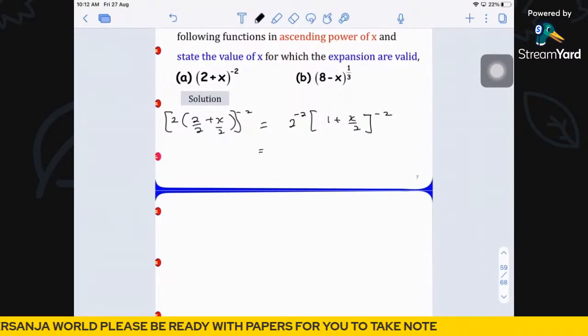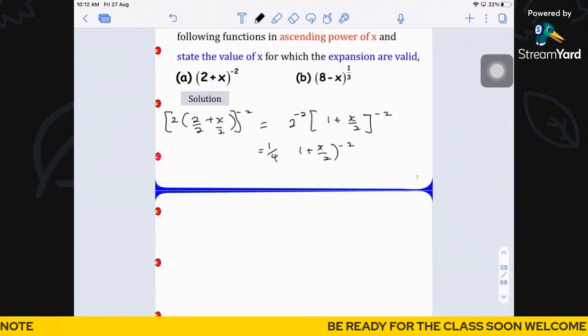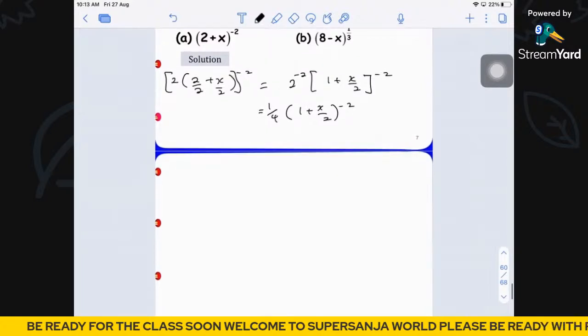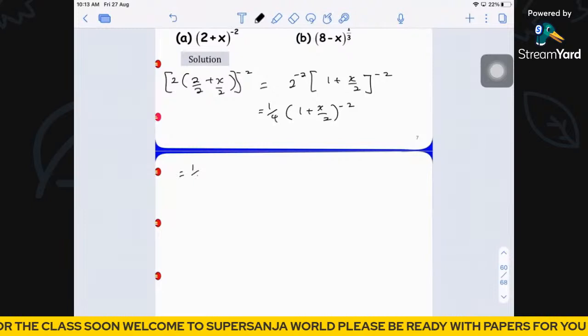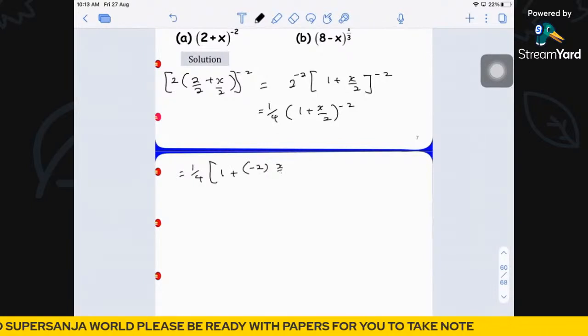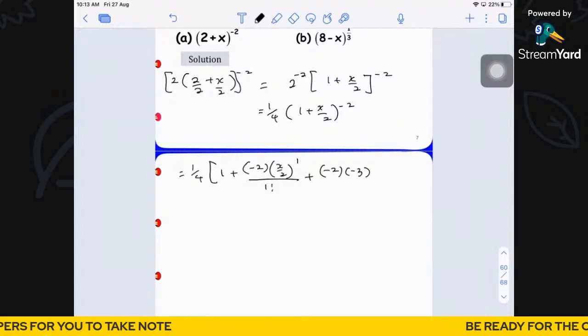Okay, so from here I know I'm going to get 1 over 4, 1 plus x over 2 power of negative 2. Now, as this expansion is power of negative 2, we cannot use nCr. Since we cannot use nCr, we have to use our factorial method. So 1 plus negative 2 times x over 2 power of 1 over 1 factorial, plus negative 2, negative 3, because minus 1.